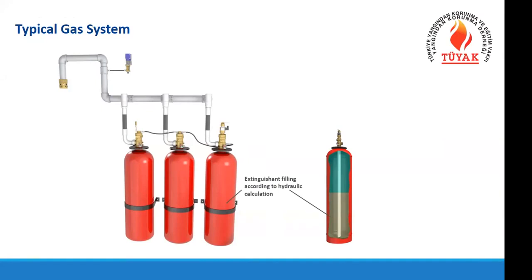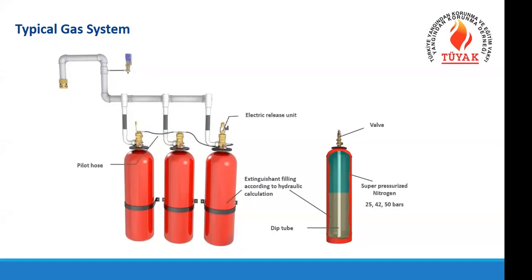For the chemical systems, the halocarbon systems, which have a cooling effect, they are in cylinders in liquid condition. And on top of the liquid, we have nitrogen to pressurize this extinguishing agent and direct it to the room with pressure.